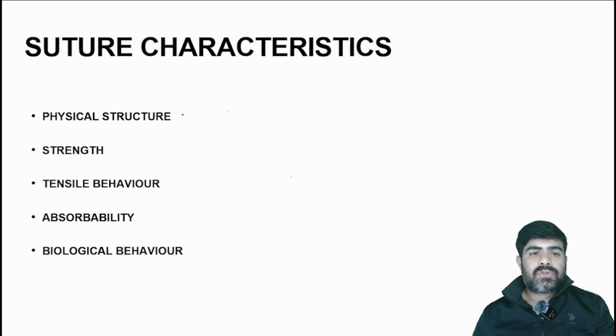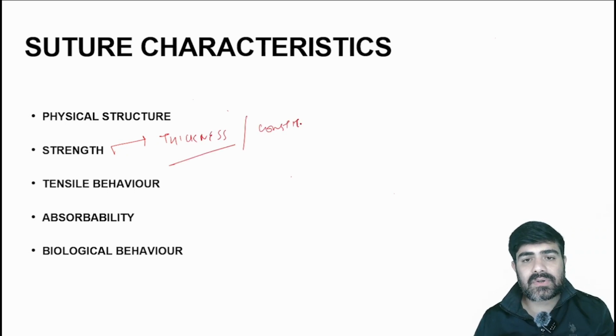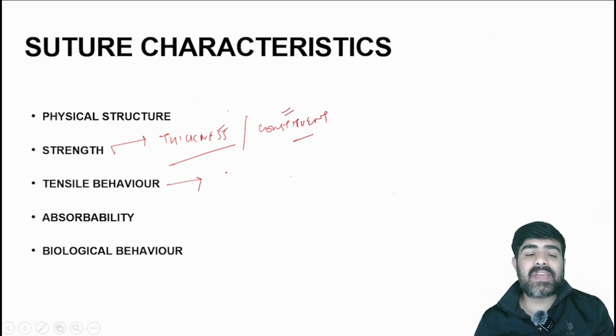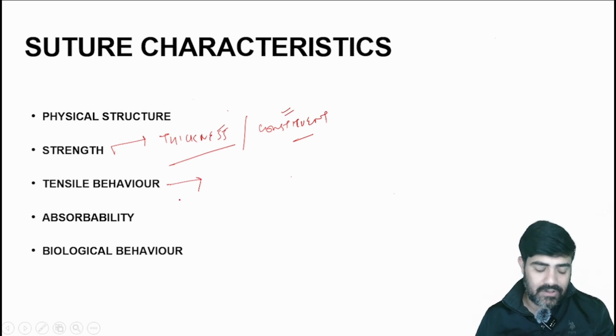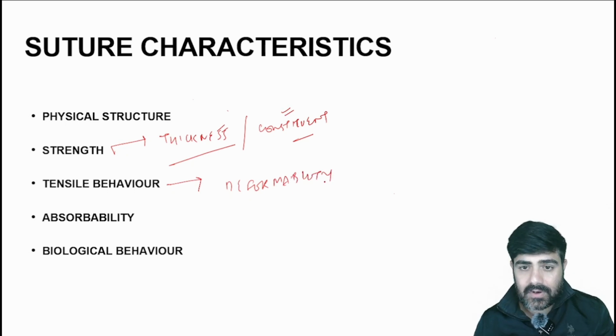Fine. So the second thing I'm going to discuss here is strength. It depends upon the thickness and constituent of the suture. This is important, tensile behavior. Most sutures behave differently, so there is different tensile strength for different sutures. It depends upon deformability and flexibility.